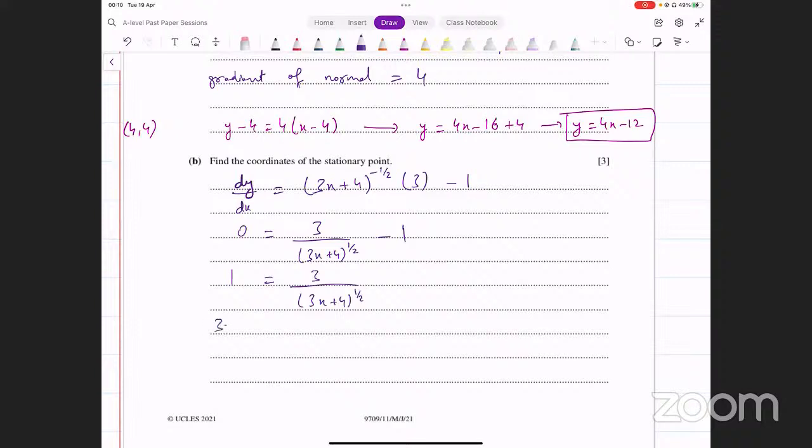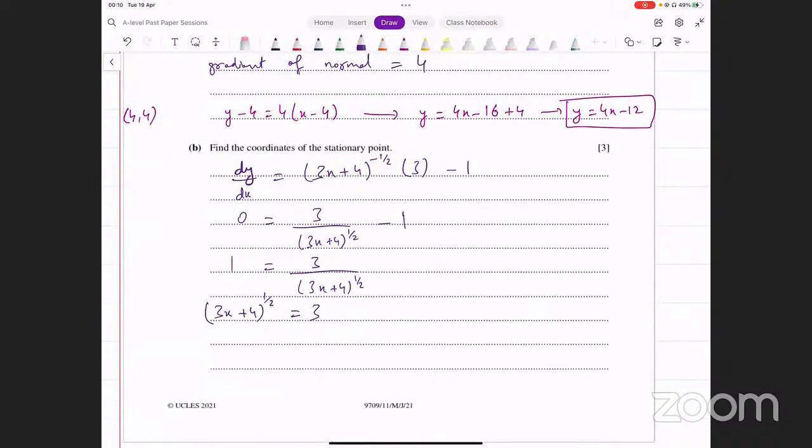And that becomes 3x plus 4 whole raised to power 1 over 2 equals 3. Now to get rid of the power 1 over 2, we can square both sides. दोनों sides को square कर दिया. That gives us 3x plus 4 equals 9. 3x equals 5 and x equals 5 over 3. That's the x coordinate that we're getting here.